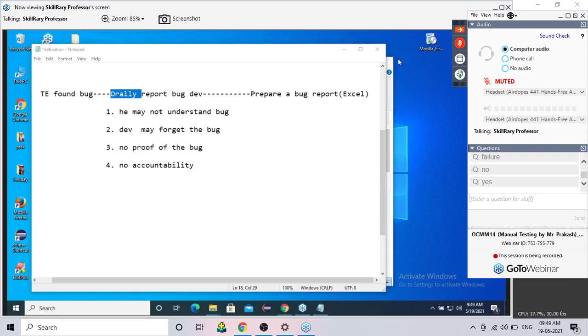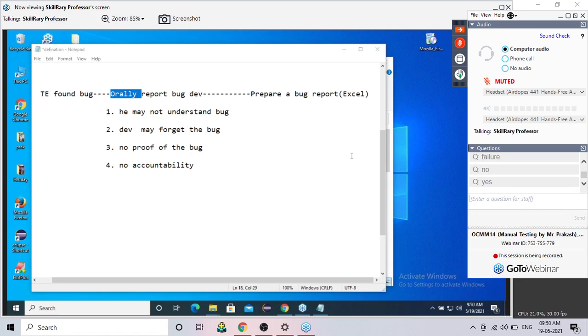First one, the developer may not understand the bug.